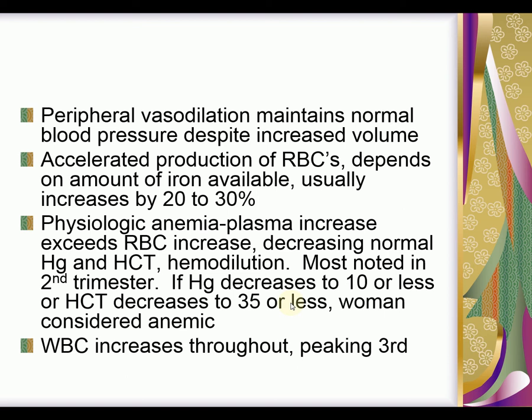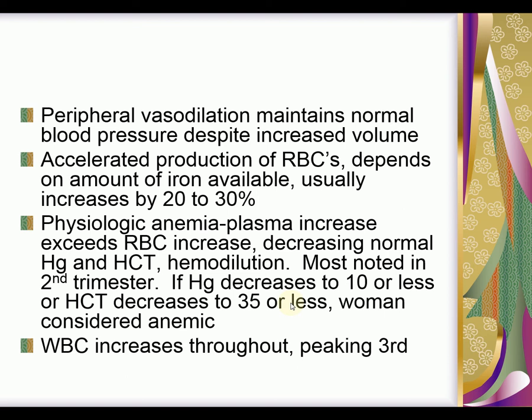Because of that dilution of the more plasma versus the RBCs, we're going to see a decrease in hemoglobin and hematocrit because of the hemodilution. Usually it's not noted in the first trimester because we're not developing a lot of fluid at that time. We don't start developing this till the second trimester, and that's when we mostly note it.